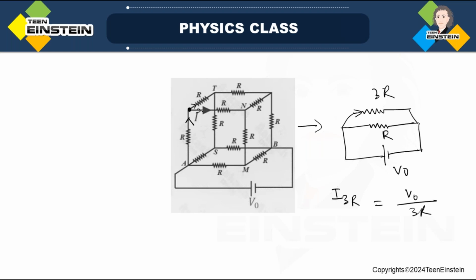This will be one resistance, the whole combination, and they are actually in series. I have R here, and I have two more resistances like this, and this is actually getting connected like this with the V0.